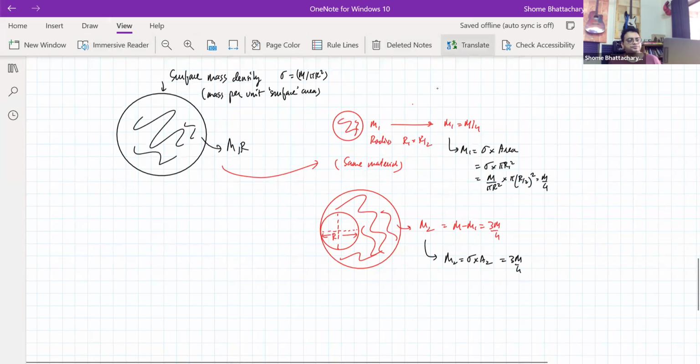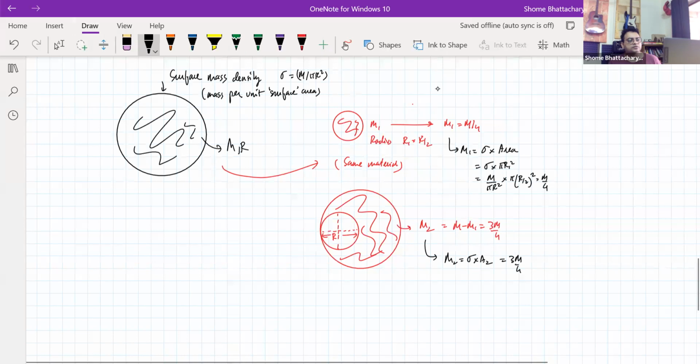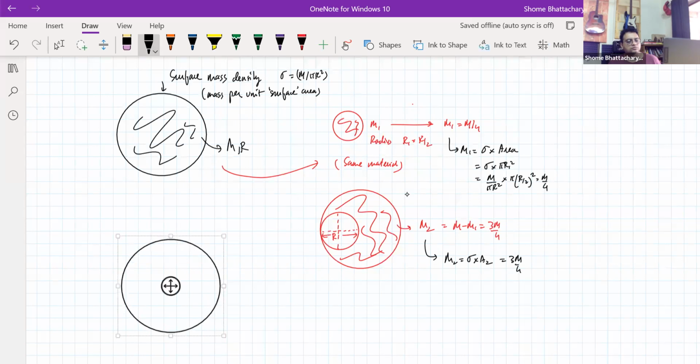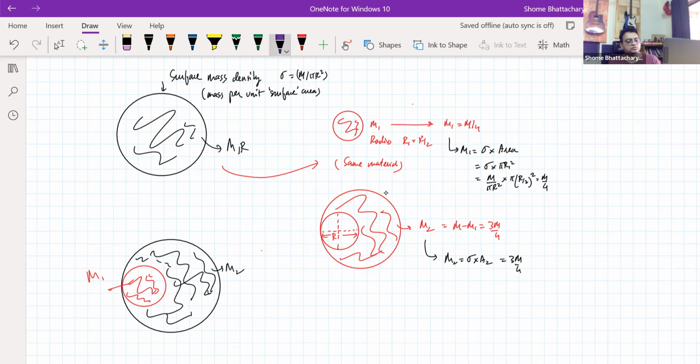In other words, if I have a situation where this mass m1 is placed here and this mass m2 is placed here, then this combination of these two objects, their center of mass should be at the origin of my system.